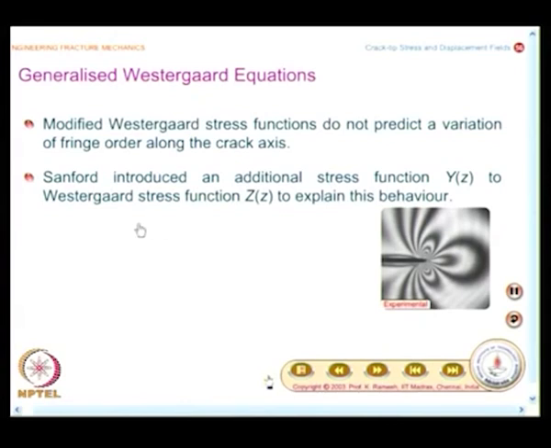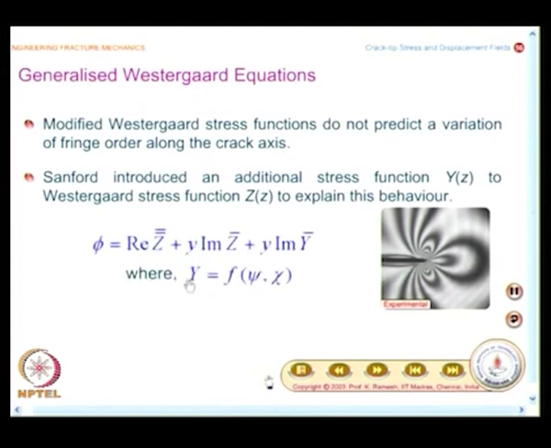And what Sanford did, he introduced a stress function capital Y(Z), and the Airy stress function is recast as real part of Z double bar plus y imaginary part of Z bar plus y imaginary part of Y bar, and Y is given as a function of psi and chi.